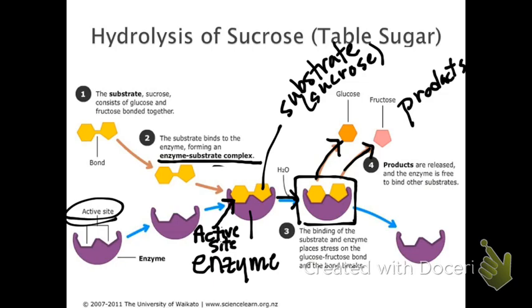So what enzymes do is they can either take two substrates and put them together, or they can take a substrate and take it apart. Either thing can happen. They're just speeding up the rate that these chemical reactions are happening.